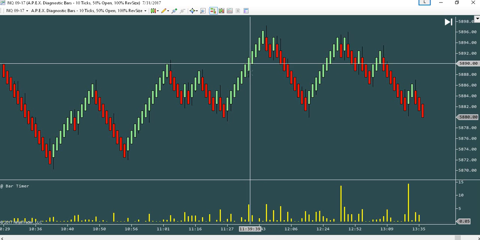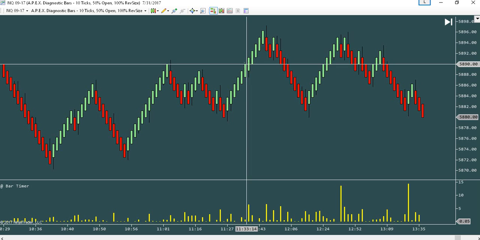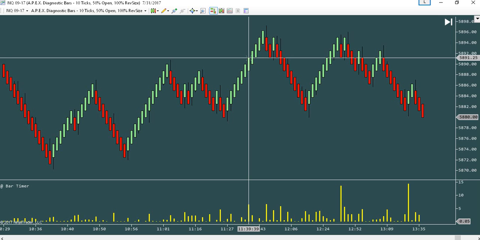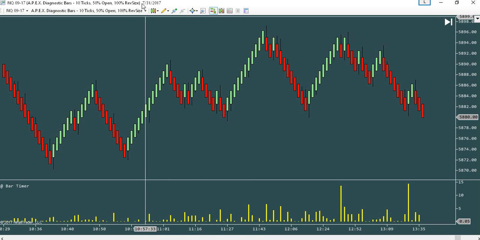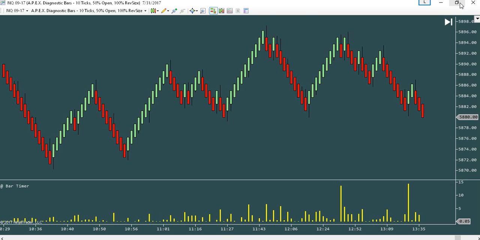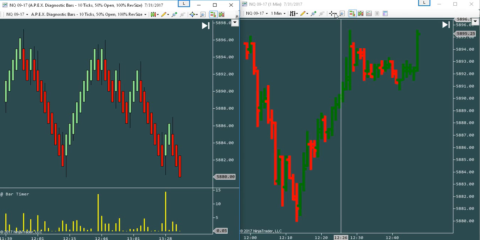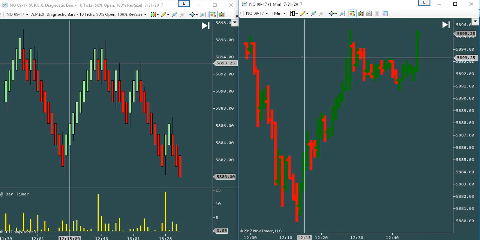This was over 6 minutes for this particular bar right here. Do you see that? So all we're seeing is one bar. Now this was on 7/31 at 11:39.